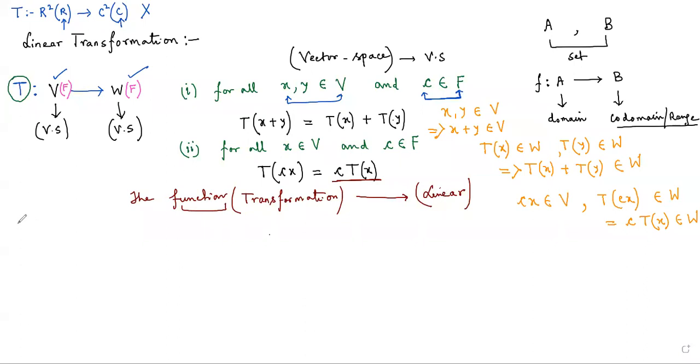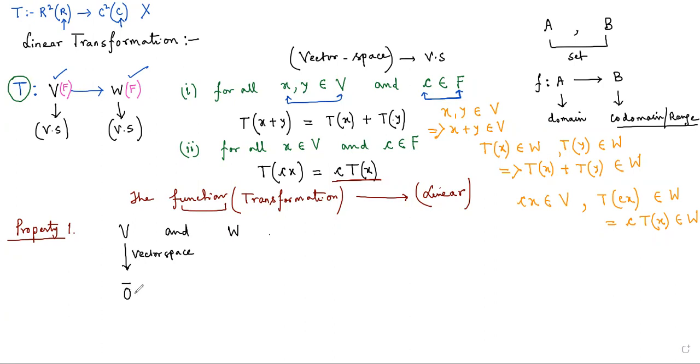A very important property that you need to know is the following. We can call it property 1. The property 1 says that suppose we had two vector spaces V and W, and since V is a vector space, it must have a zero vector inside it, which is called the additive identity.